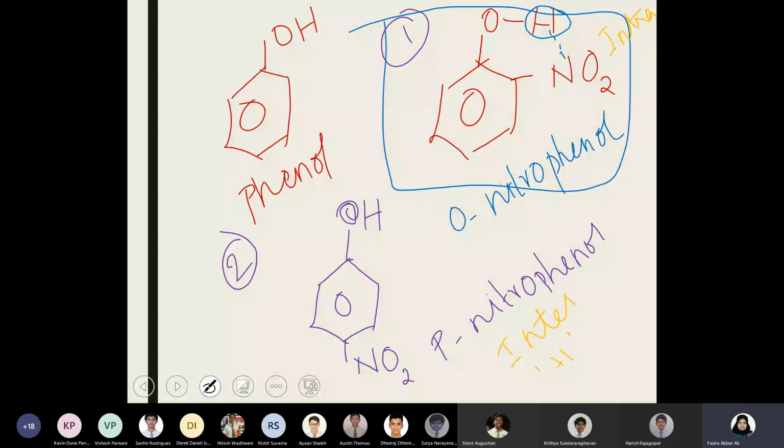How can you separate orthonitrophenol and paranitrophenol on the basis of their melting and boiling point? How will you answer? Yeah, so the type of hydrogen bonding is different. So how is this type of hydrogen bonding affecting its melting and boiling point, or its physical property?